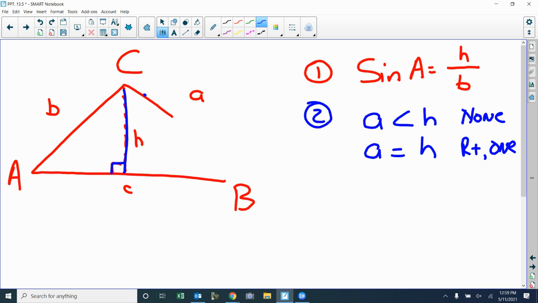But it happens to be a right. If A is just greater than B, if A is greater than B, it'll be 1. So A greater than B, it'll be 1.